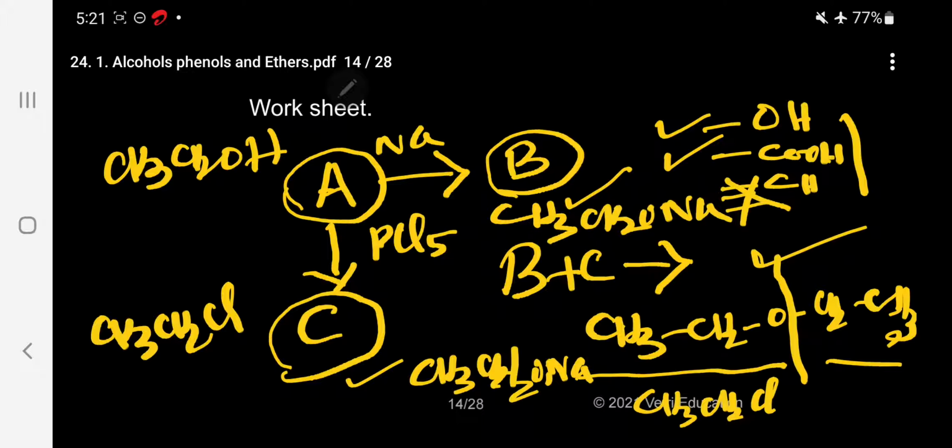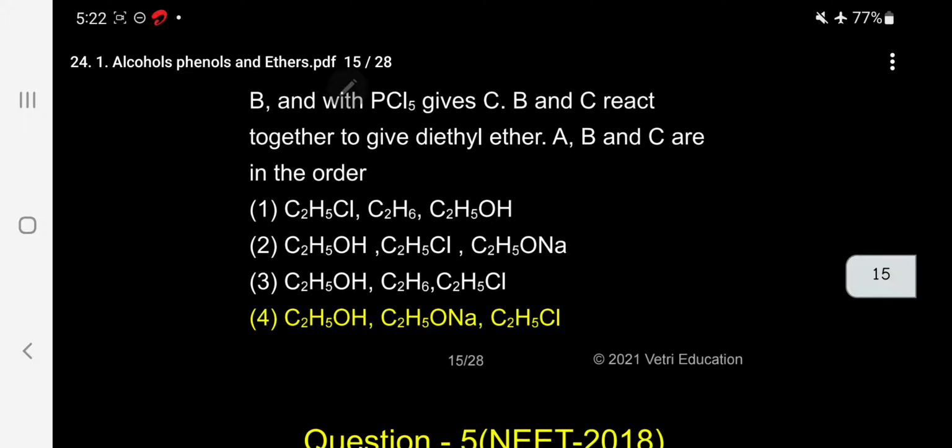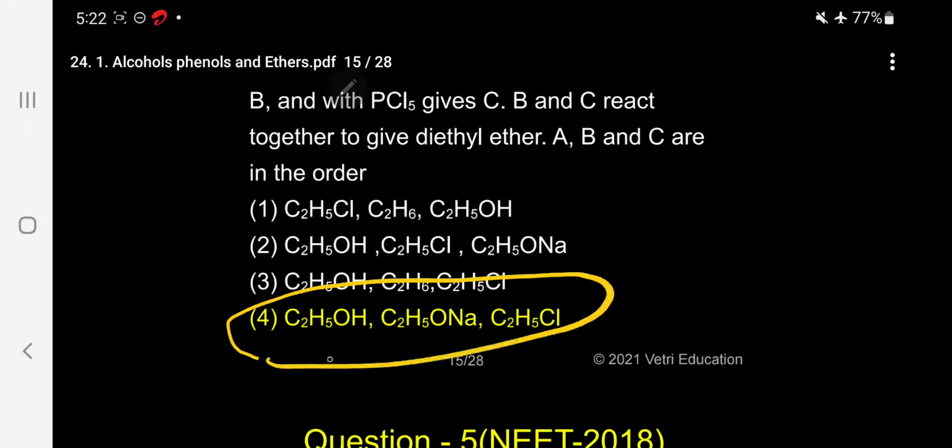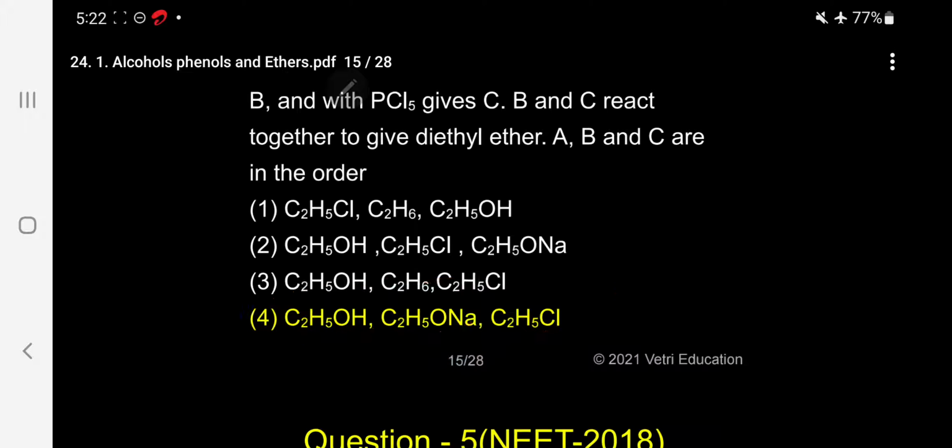So we just have to find the answer from the options. A is alcohol, B is sodium ethoxide, and C is ethyl chloride. This is the trick, please follow. Let us go for the answer. Answer 4 is the correct answer: A, ethyl alcohol, sodium ethoxide, ethyl chloride. Please follow. This is the trick behind it.